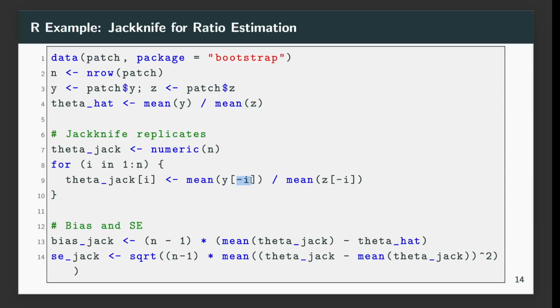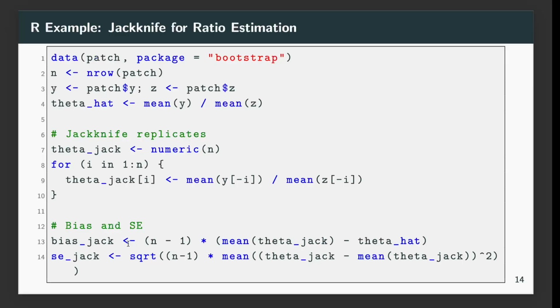After that, we compute the bias and we also compute the standard error. The bias and the standard error follow the formulas that were shown in the previous slides. Then you can find certain values for this bias and also for this SE.